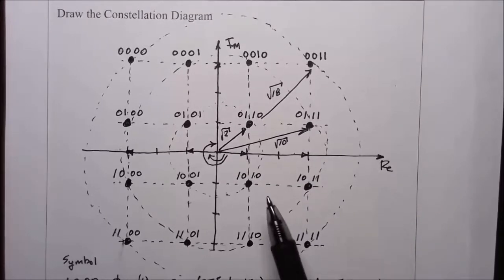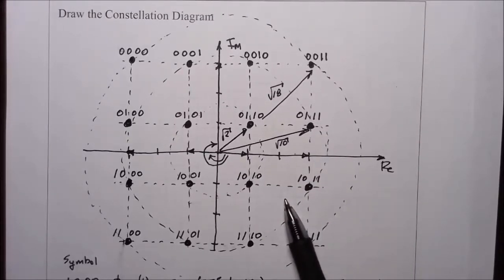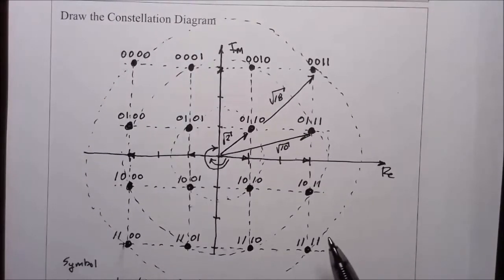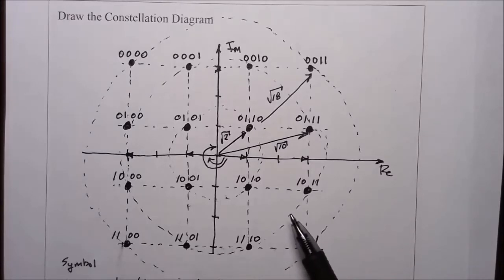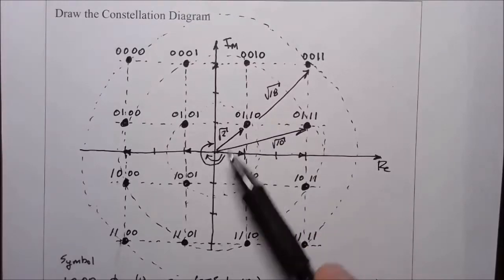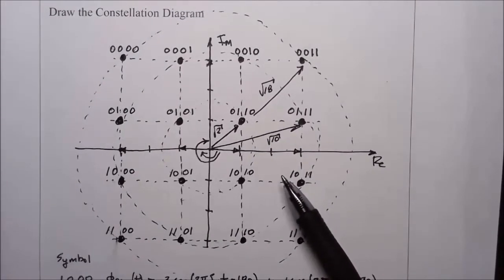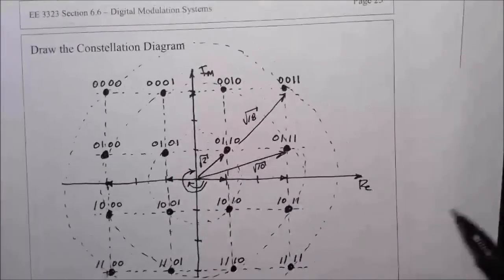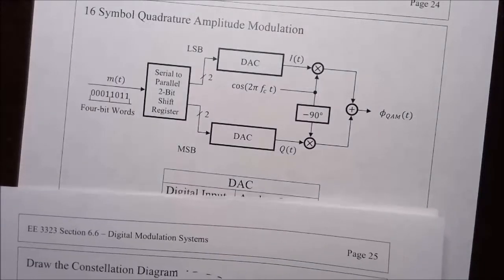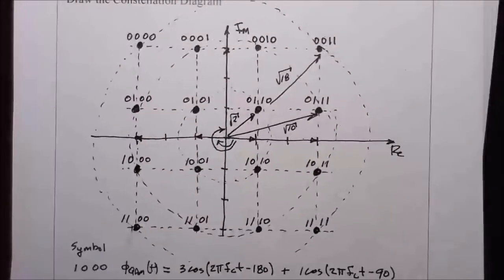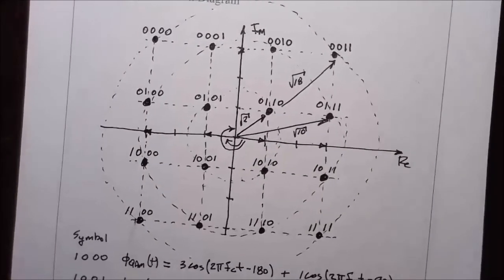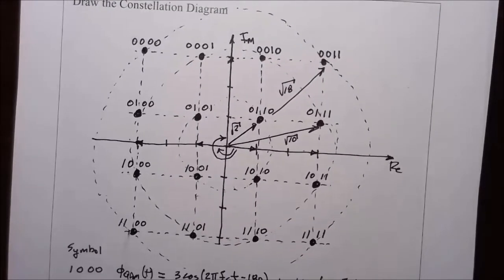Now, this is just one way of making a 16 symbol quadrature AM system, and the constellation diagram for it. These points can be placed any number of places depending upon the particulars of the system. And who's to say, without more analysis, which constellation diagram is more appropriate?